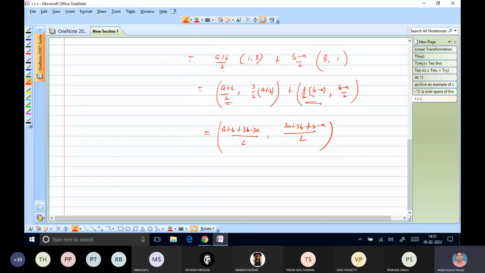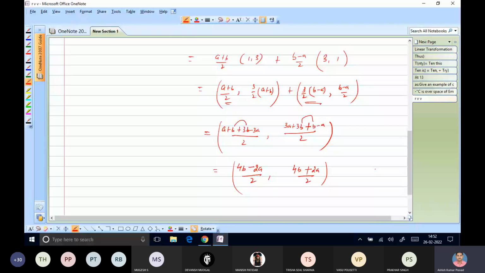Now you can see 3b plus b, that is 4b, minus 2a, divided by 2, and here you have 3a minus a, 2a, plus 4b, divided by 2.